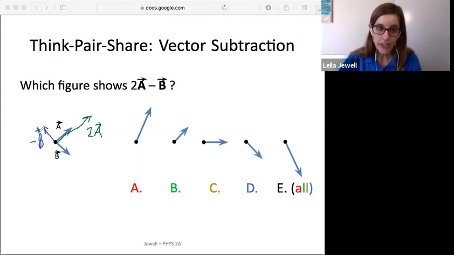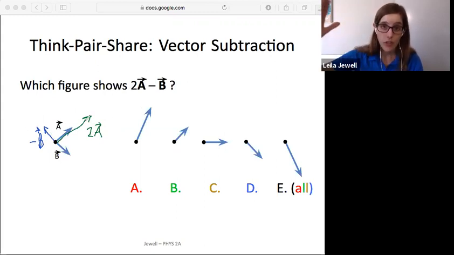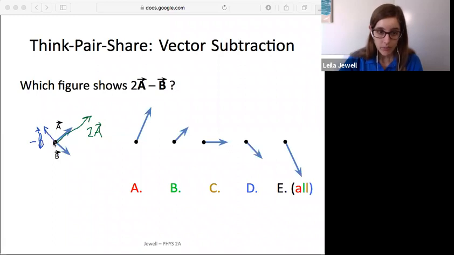Now, if we want to add these, right now they are tail to tail. So I cannot draw a resultant at this point. But I can shift one of the two vectors, and I'll shift the A one just to be different. So I'm going to keep the negative B there, and I'm going to shift my 2A so that it has the same orientation, but the tail of it is at the start of B. So that is 2A.